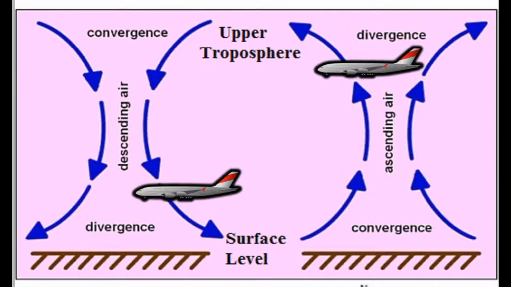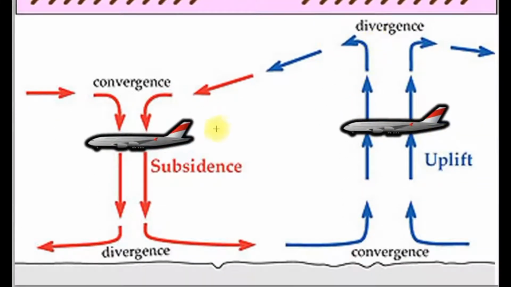The autopilot is constantly adjusting the plane, not because of a curvature that does not exist, but because the airplane is flying through strong winds that affect its altitude. Here is one more example of the uplift due to convergent air winds, and the same thing here, the divergent winds bringing the airplane down.